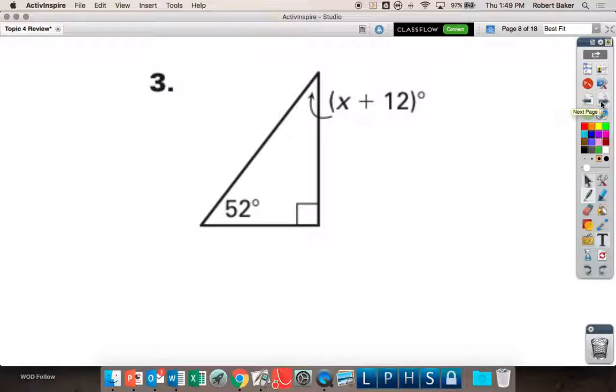Alright, this one's kind of a weird one too. There's about 8 different ways to do this. You want the easy, medium, hard, or impossible way? The easy way says all of those angles add up to 180.